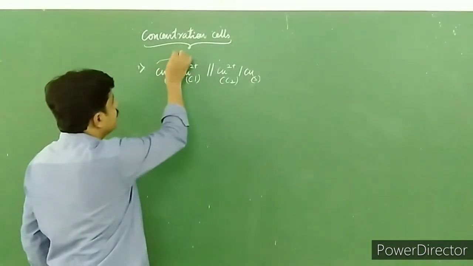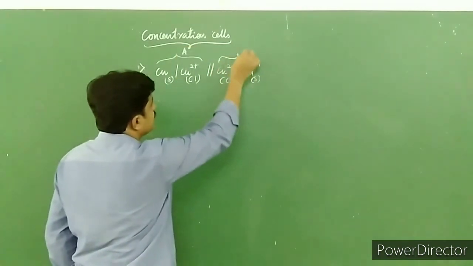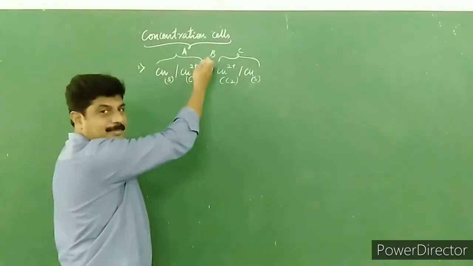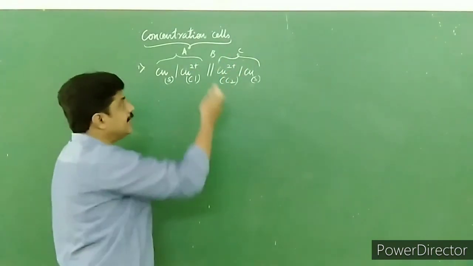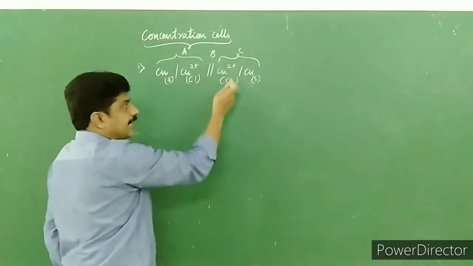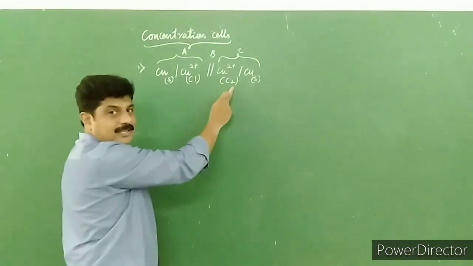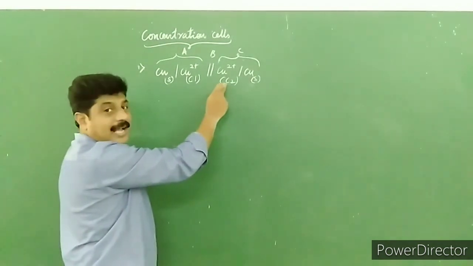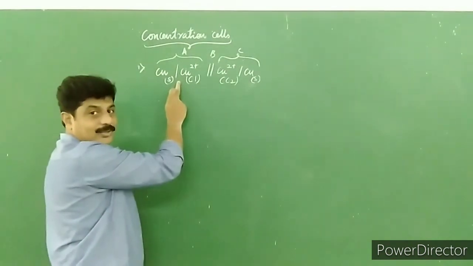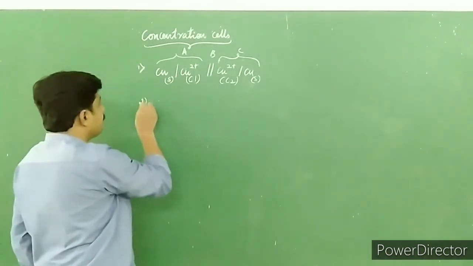In this case, this is A, this is C, and this is the salt bridge. That is what you all learned, A, B, C of cell representation. A stands for anode, B stands for salt bridge, C stands for cathode. That means reduction takes place on the electrode with higher concentration, whereas oxidation takes place at the electrode with lower concentration.